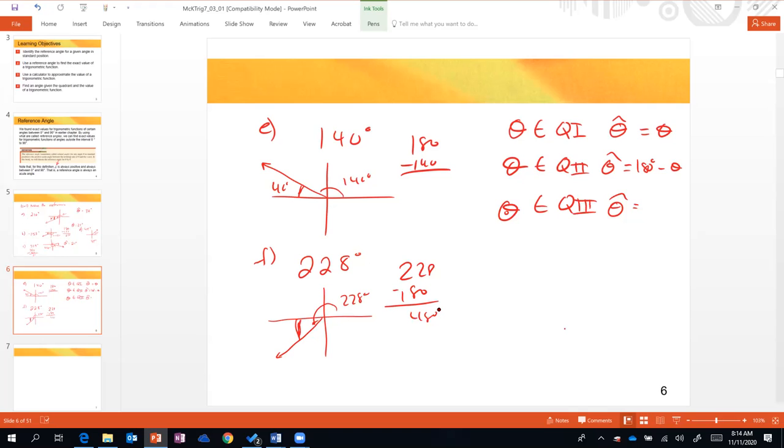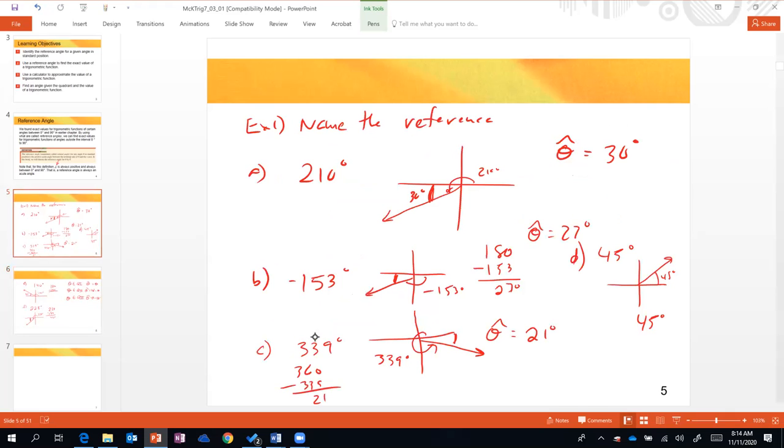For this one, our formula is going to be theta minus 180 this time. So notice it's always a connection between 0, 180, and 360 because it's always the x-axis you're dealing with. And so let's go back to our 339 angle. Notice what we did over here.